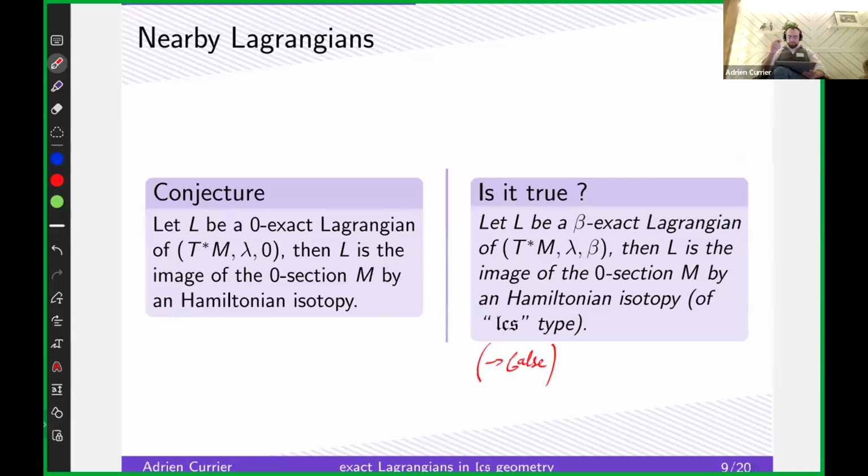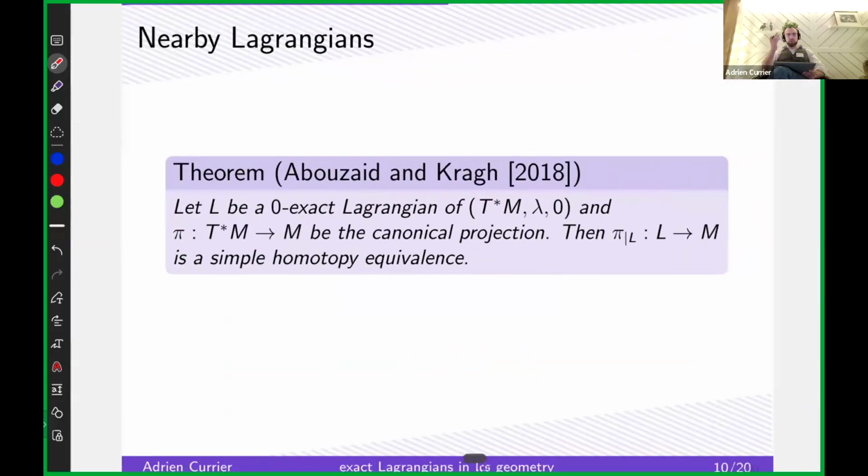Now, just assume I didn't spoil the rest for you. We're at this point, and trying to prove something that is still a conjecture in symplectic geometry, and in a generalization of symplectic geometry, is a tad bit ambitious. So maybe we should focus on a theorem that has already been proven.